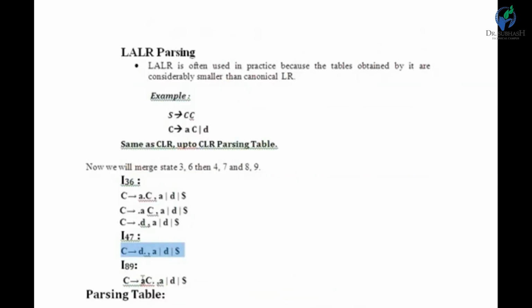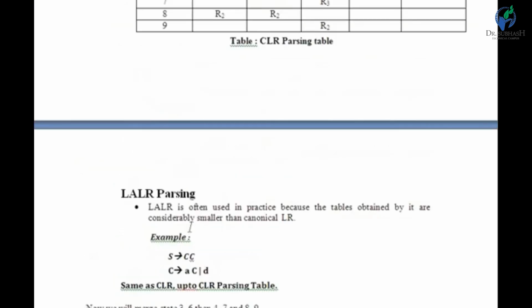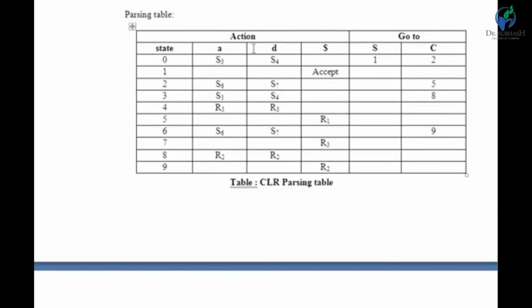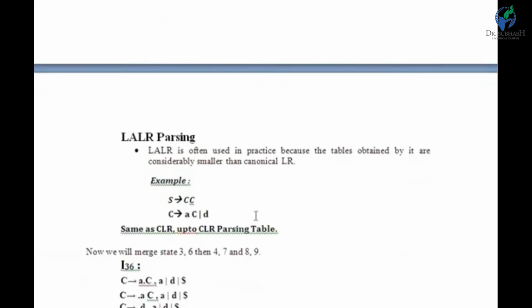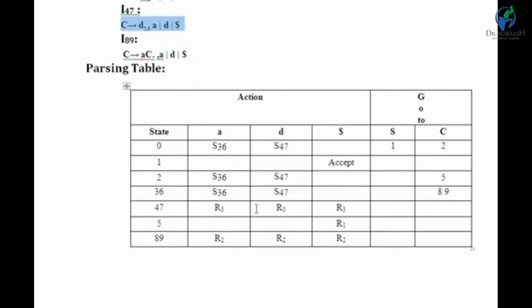So in the parsing table you have to combine these states: 3 and 6 are combined, 4 and 7 are combined, and 8 and 9 are combined. So your parsing table will be like this.